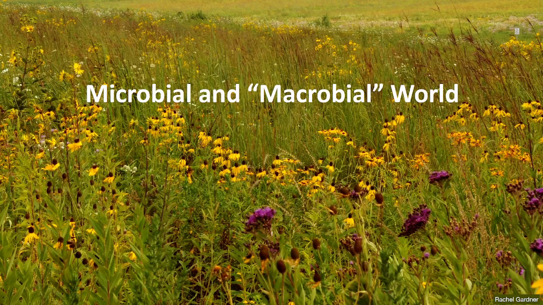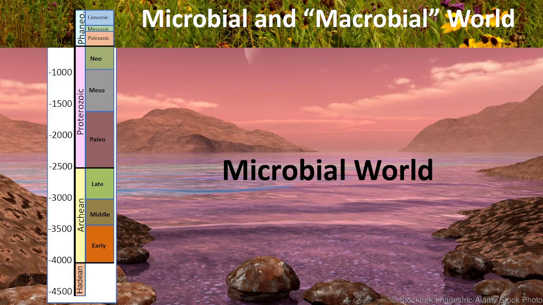If we go back to where I work in Minnesota, what you see is a microbial and macrobial world. The world that we see now is very complicated, with many different kinds of organisms. What I'd like to encourage you to remember is that most of the history of life doesn't have any of those big organisms.